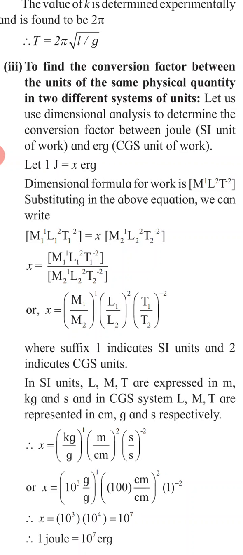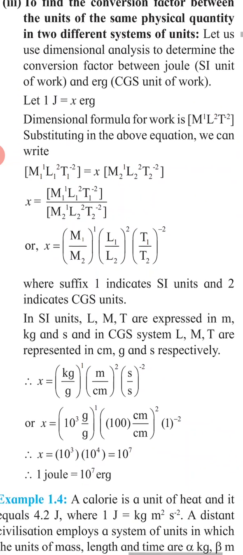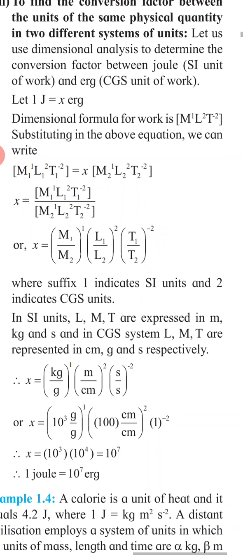Now take this right hand side term, on the left hand side it will be the denominator. So x is equal to (M1/M2)^1, then (L1/L2)^2, and (T1/T2)^-2. Here suffix 1 indicates SI units and suffix 2 indicates CGS units.